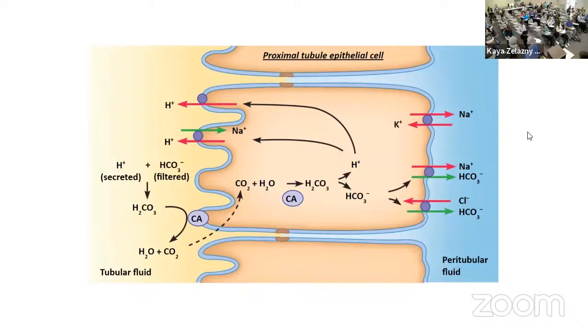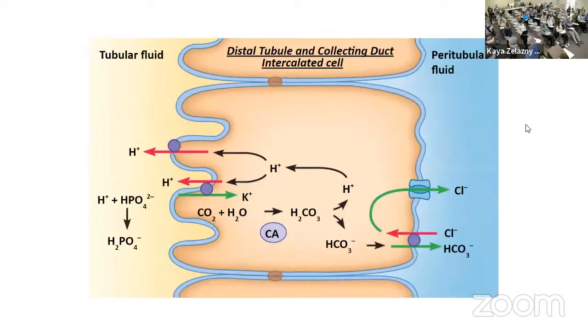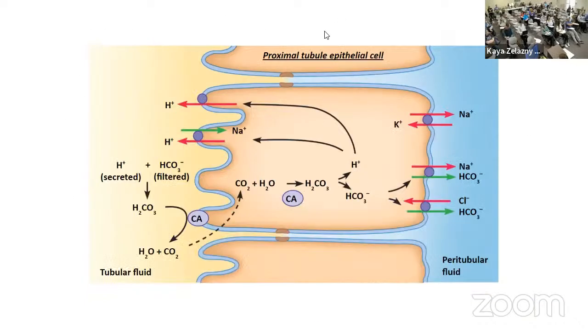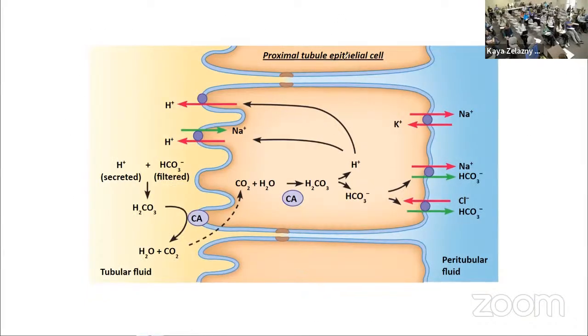We do have pictures. Less important to thoroughly go through these, so we're going to go through this pretty quickly. So long as you understand the words on the slides, this is just another way to explain it if you want to look at this mechanism. So what we see here is the proximal tubule. In the proximal tubule, we know that we are able to secrete hydrogen ions.